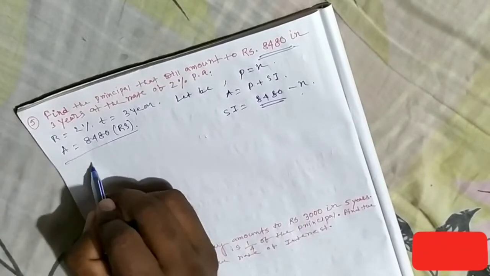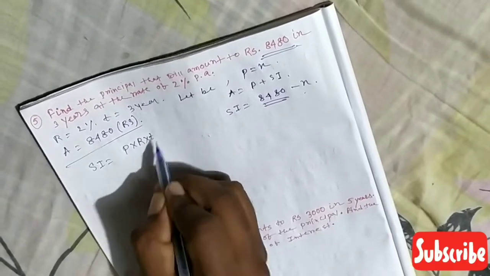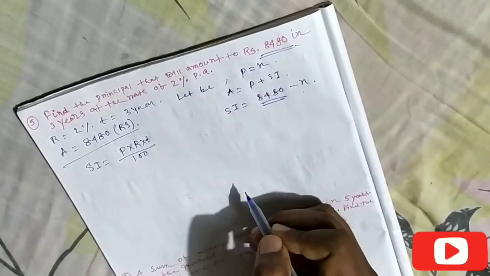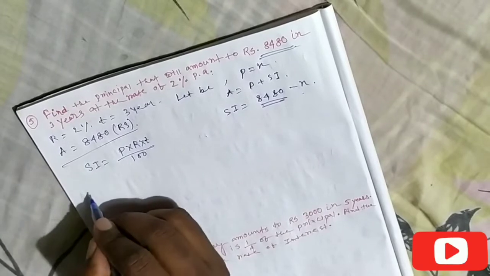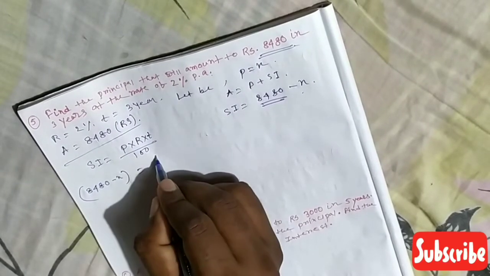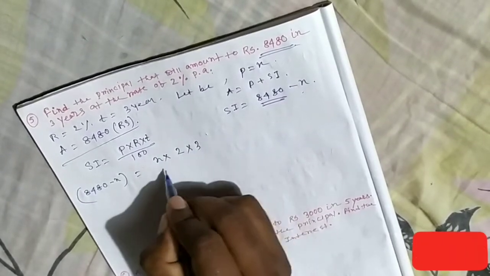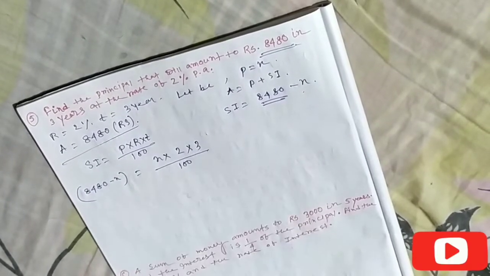Then we put the formula of SI is equal to P into R into T by 100. SI is equal to 8480 minus X is equal to P for X, R for 2, T for 3 by 100.